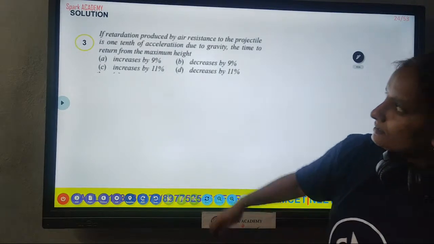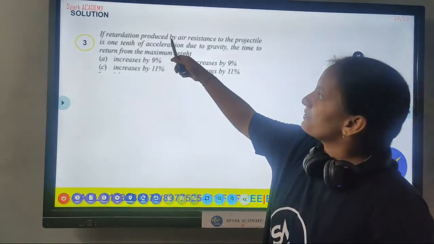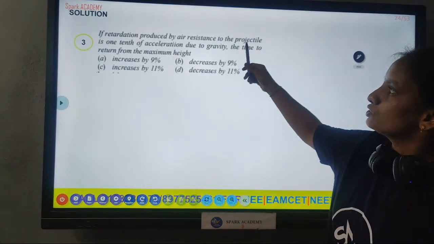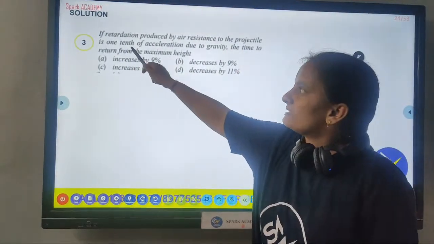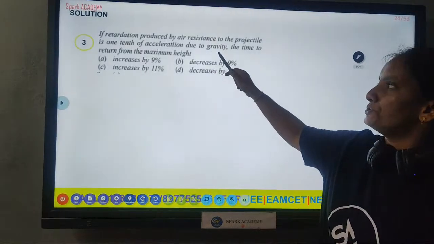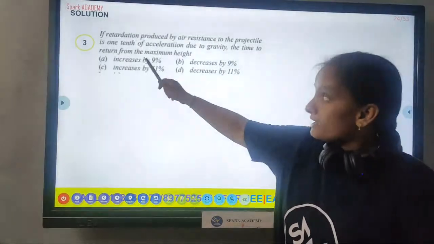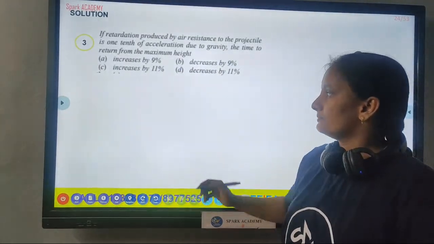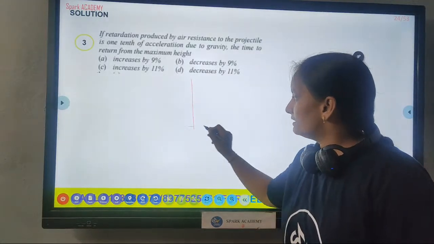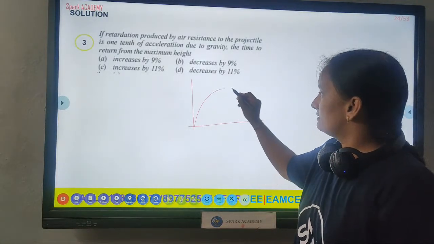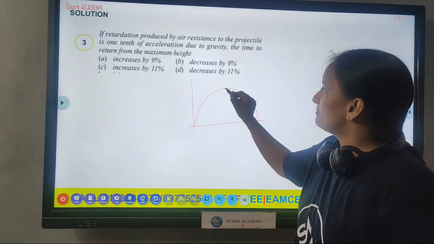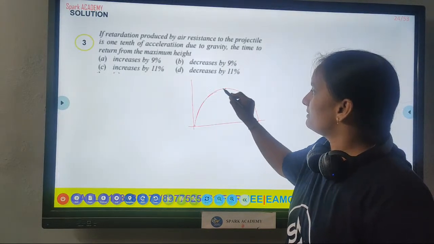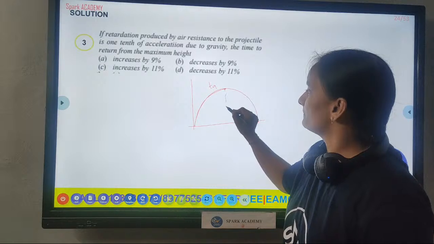Next, if retardation produced by air resistance to the projectile is 1/10 of the acceleration due to gravity, find the change in the time to return from the maximum height. If we observe the oblique projectile, to reach the maximum height, the time taken is the time of ascent.